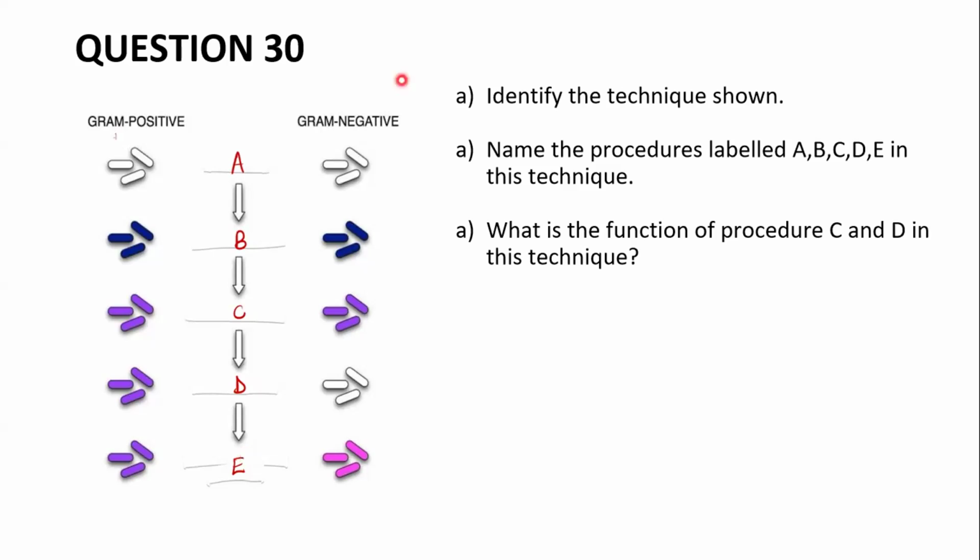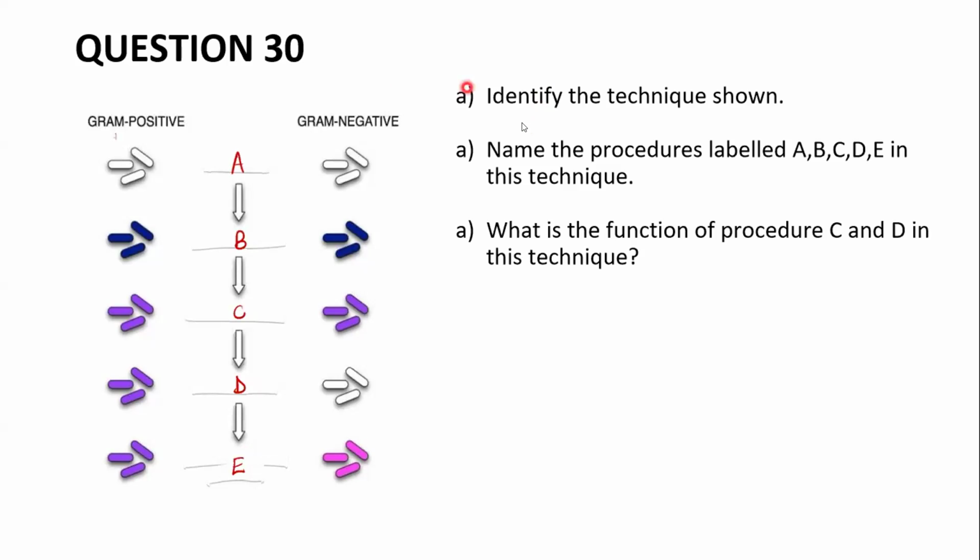So A, fixation, good. Then B, crystal violet, good. C, I think you guys did this in the lab, and the lab tech, I remember he was very meticulous. You have to know the exact timings, he even gave them to you: 1 minute, 1 minute, 10 to 20 seconds, 1 minute.